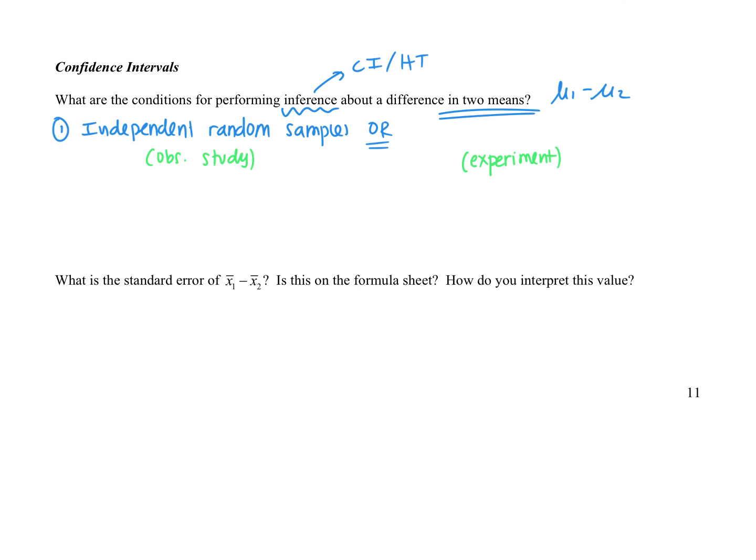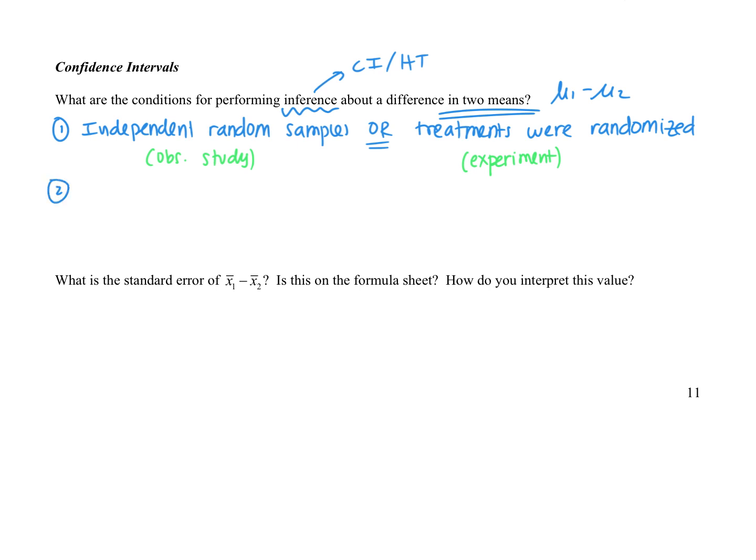So if it's an experiment, the treatments need to be randomized. This, I would say, is the most common mistake, this first assumption. A lot of times people will only check random samples. But the key here is we need to know, is it an observational study or an experiment?